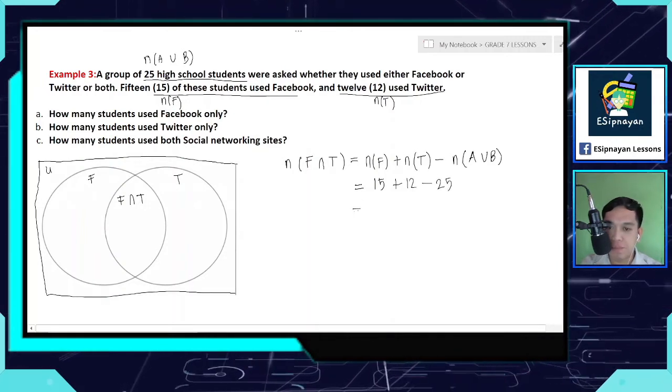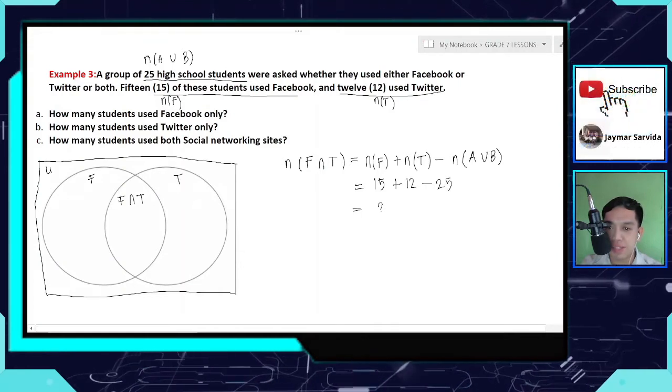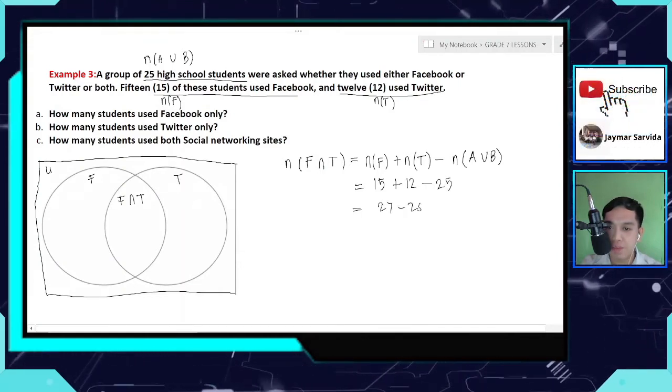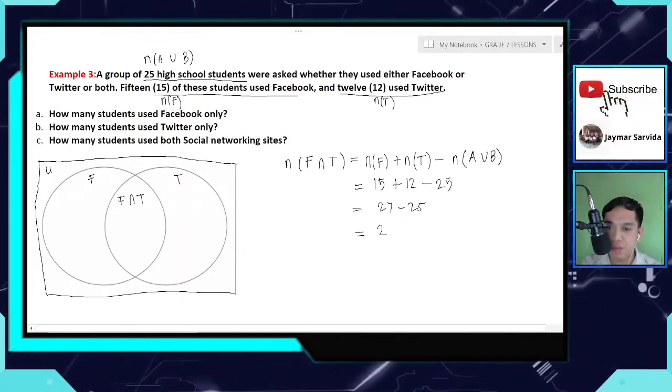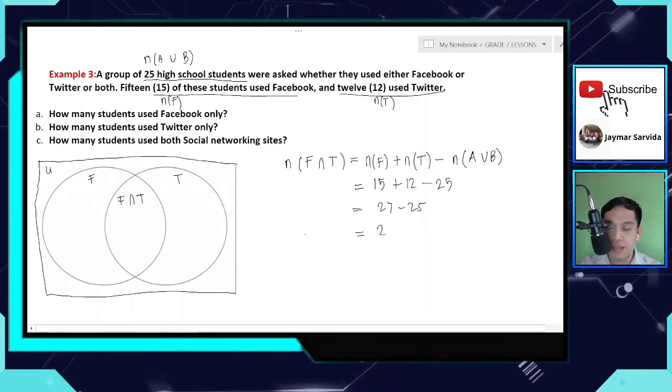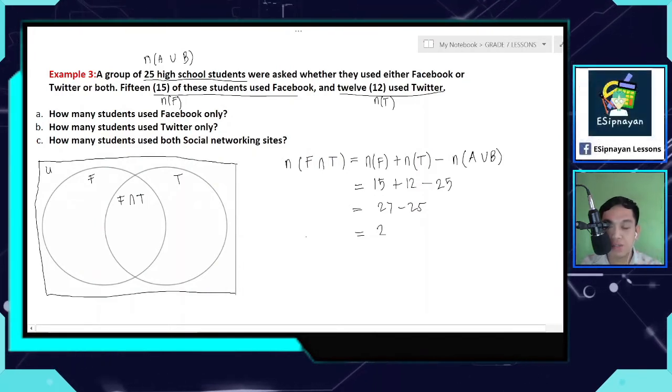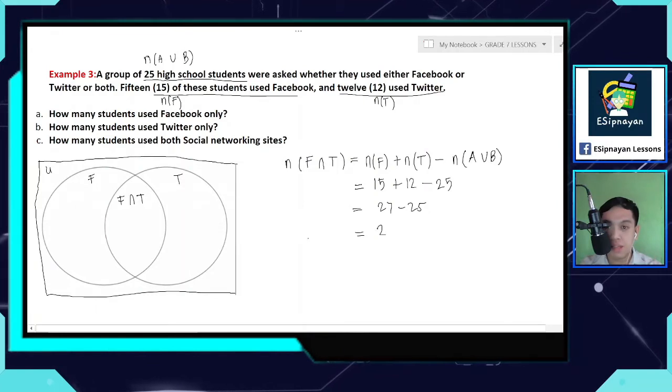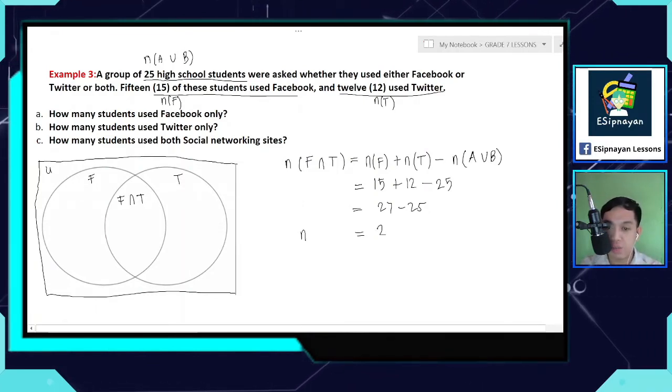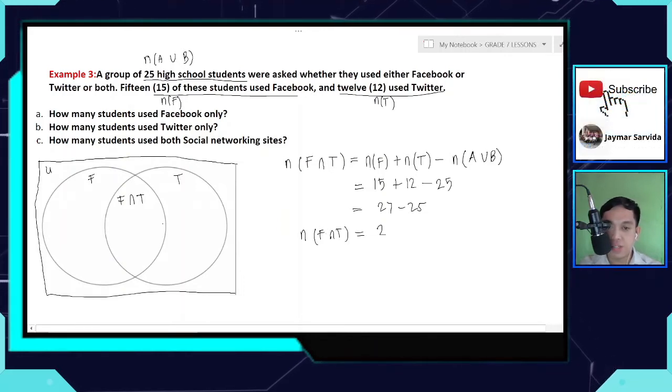So 15 plus 12 is 27, minus 25, that is 2. So therefore, dalawang students yung gusto yung both na social networking sites, yung Facebook at saka Twitter. F intersection T. So dalawang students yung may gusto niyan pareho.